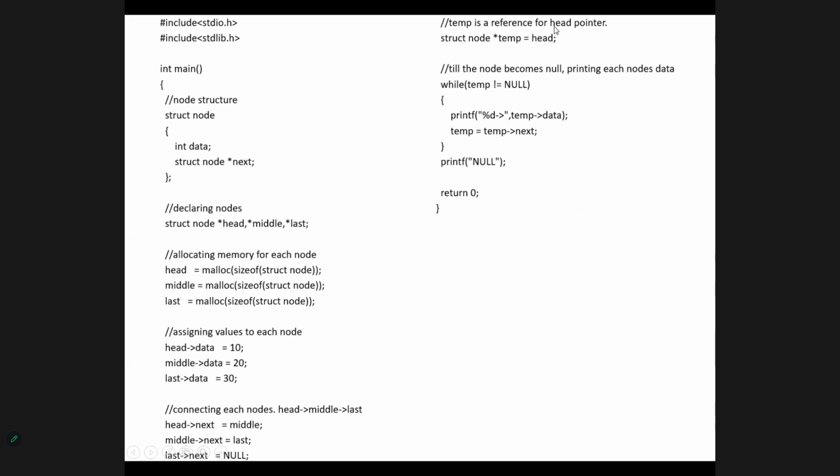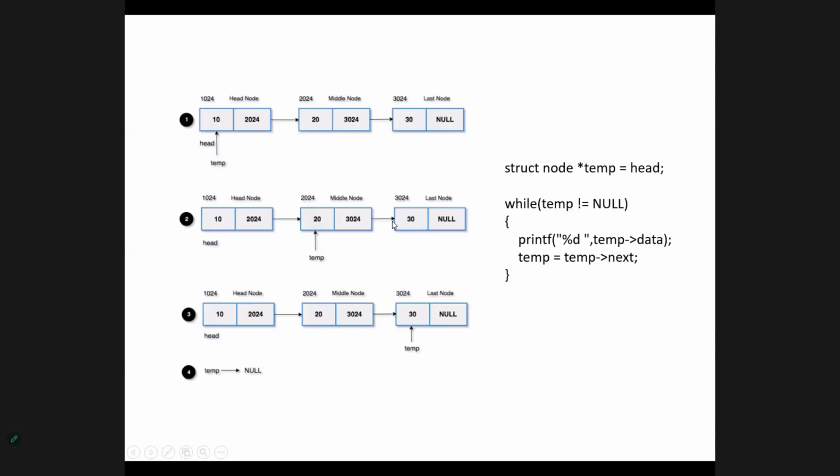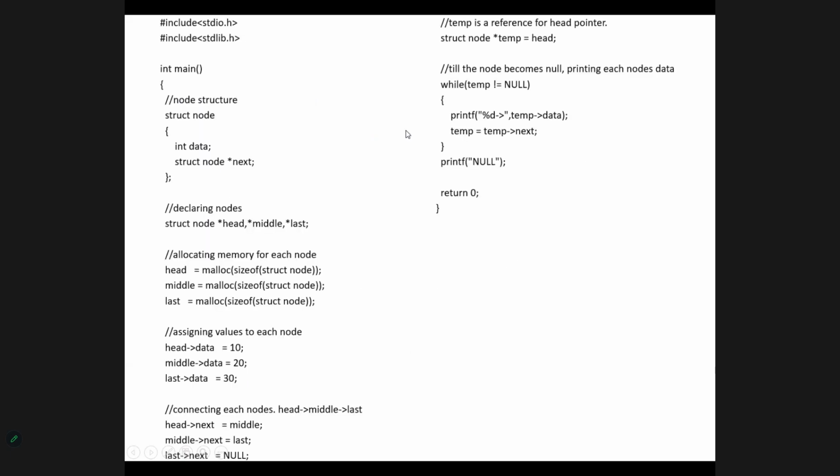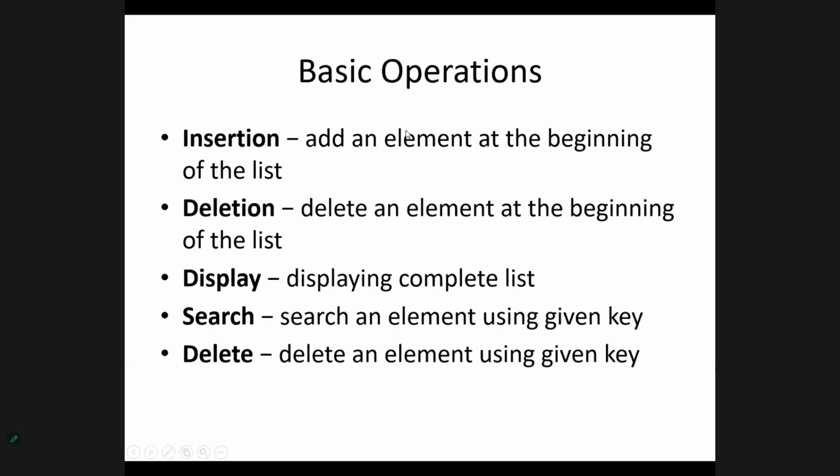Then create a temporary pointer or temporary node, and continue this iteration till the node becomes null, printing each node's data, right? Finally return 0. So basically, this will print the data items 10, 20, and 30, right? I think this is where we stop, right?